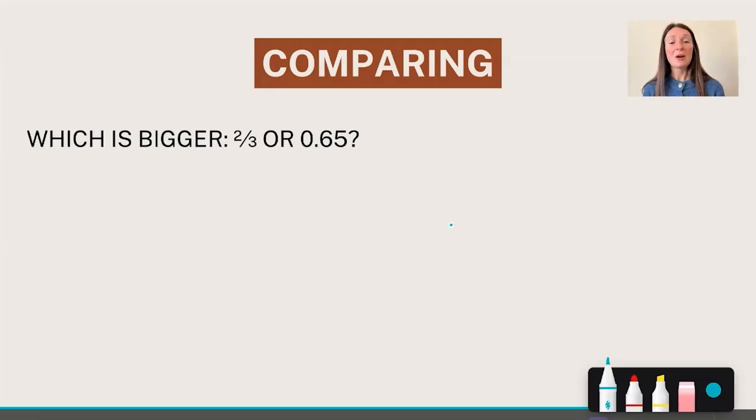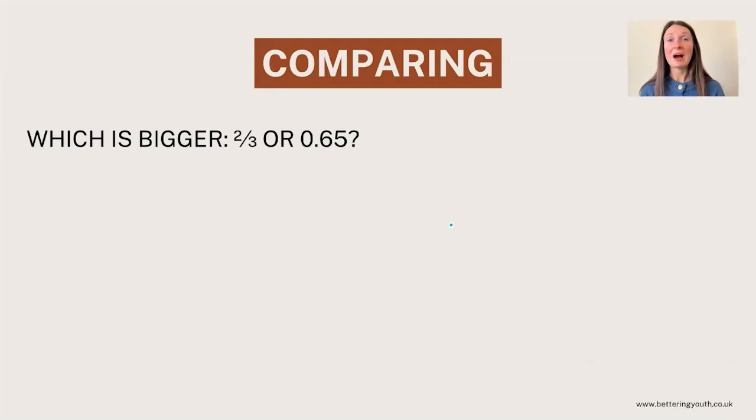Okay, so one of the ways that we are going to understand why we needed to know how to convert is when we get to questions that ask for comparison. Now in this case, we have 2/3, which is our fraction, and we want to know if it's bigger than 0.65. So the first step is to put them into the same format.